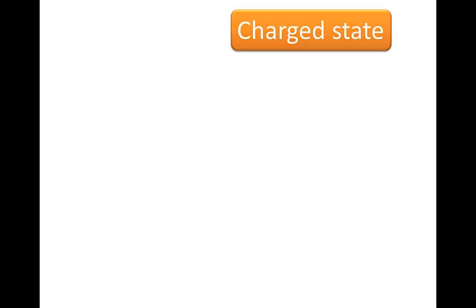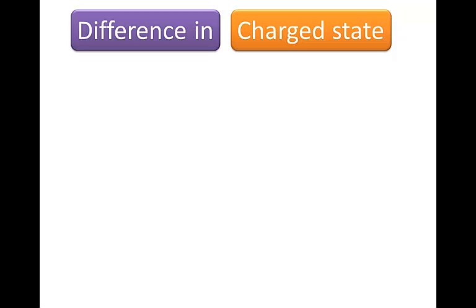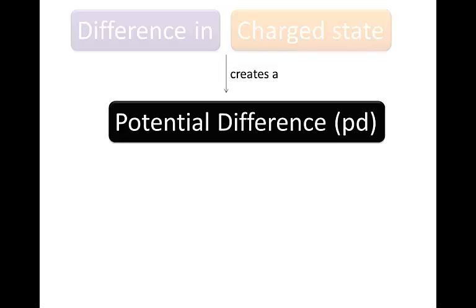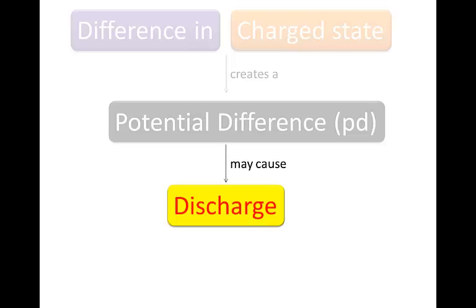Now, if you have two objects that have different charged states, then there is a potential difference between them. A potential difference is often called a PD, and that can cause a discharge. It might not, but it might. It depends whether there is a path for discharge to happen along or not. Now, what is discharge?